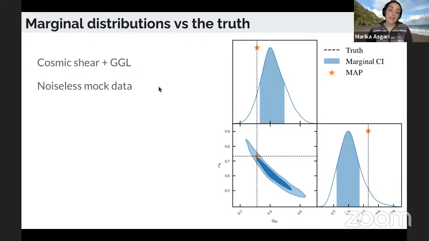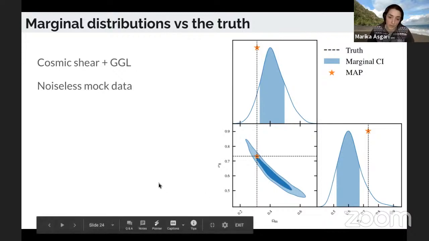And then the second one is, how do you actually interpret your results once you have done your, say, MCMC chain or MultiNest or whatever. So this is an example from a mock data analysis. In this example, again, you see sigma 8 versus omega m contours.